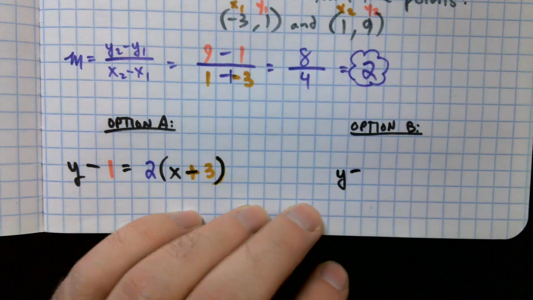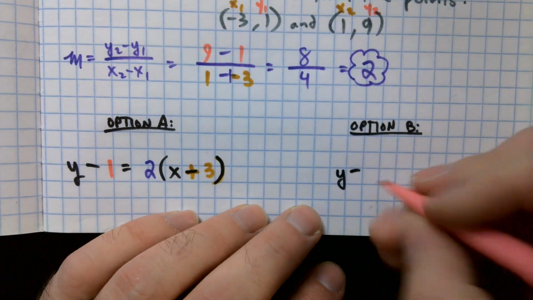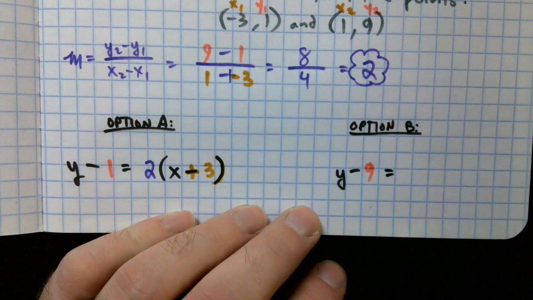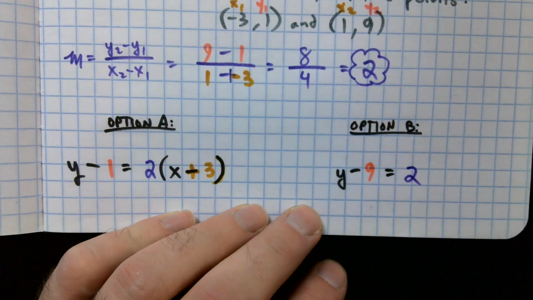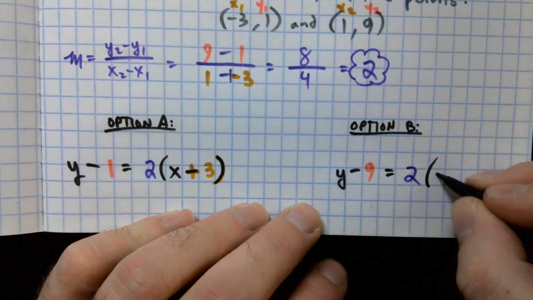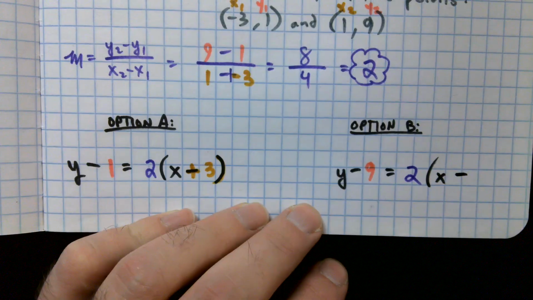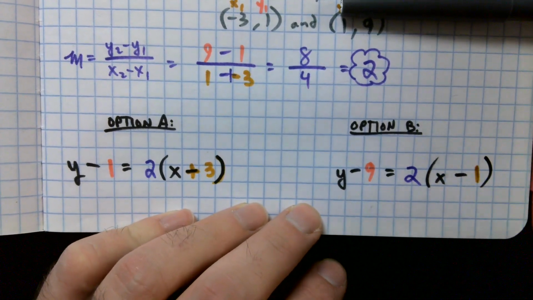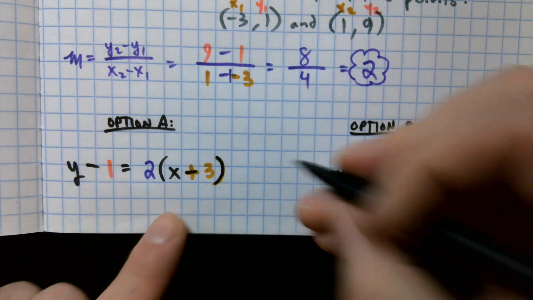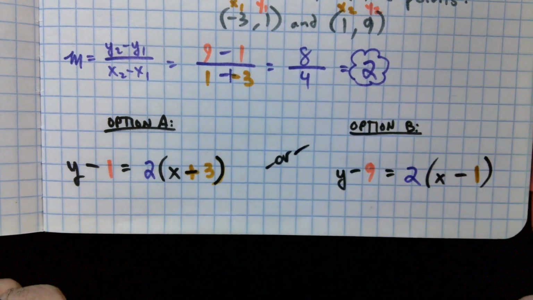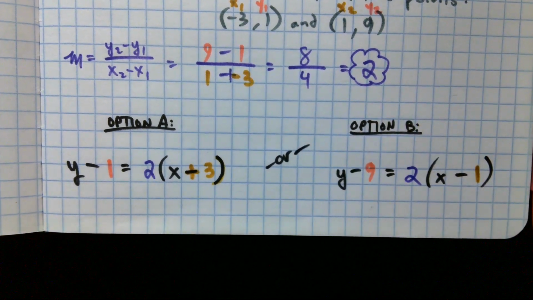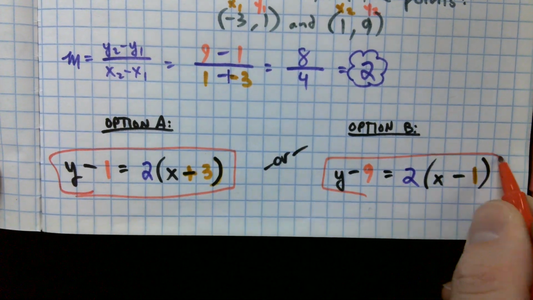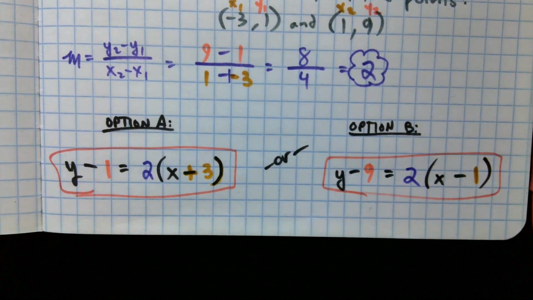Y minus, what's y2 now? 9 equals 2, which is my m still, times the quantity of x minus, what's my x2? 1. So I have two possible answers here.